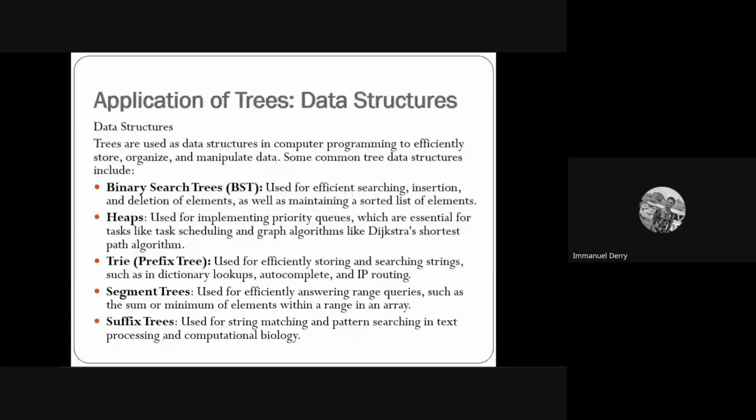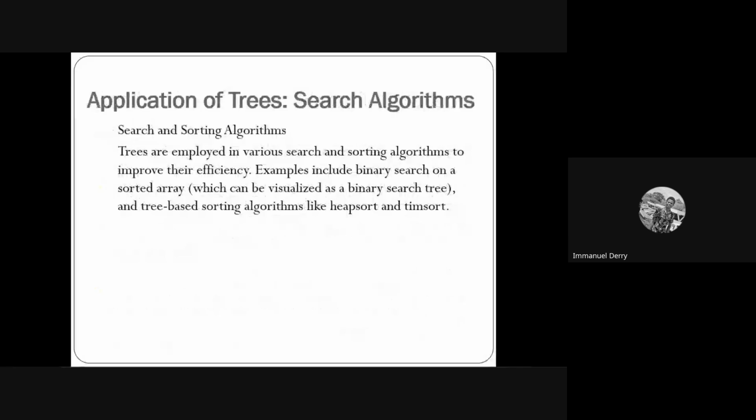And then we have the suffix tree, which is popularly used for string and pattern search in text processing and computational biology. And I think we saw this also in the algorithm class. So in searching and sorting as well, we can use trees in various ways.